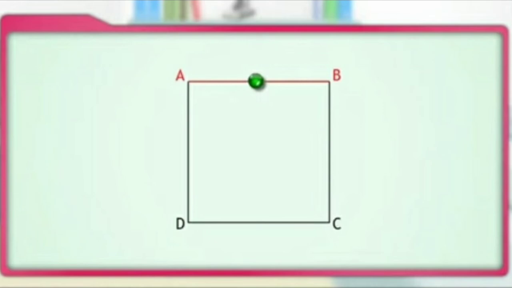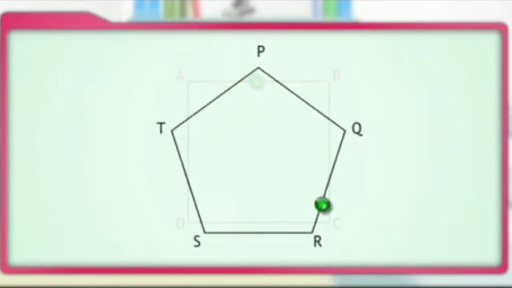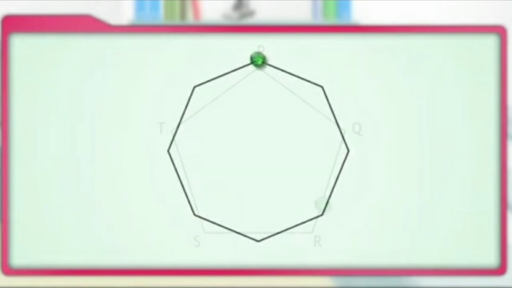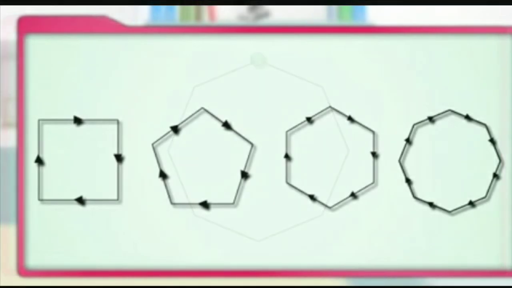Now, note how many times you have to change the direction while tracing the complete path. Now children, we will repeat this action for a pentagonal, hexagonal, octagonal path and note the number of times we have to change the direction.